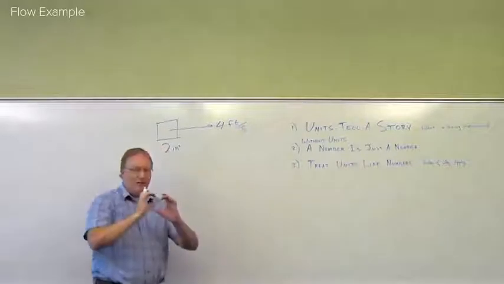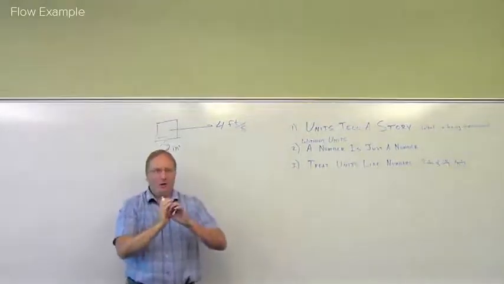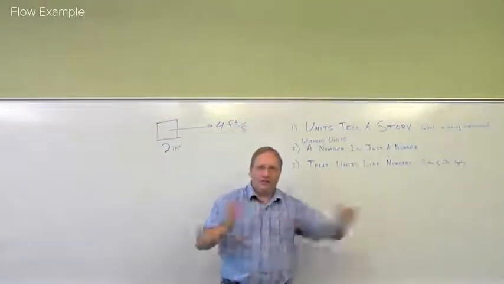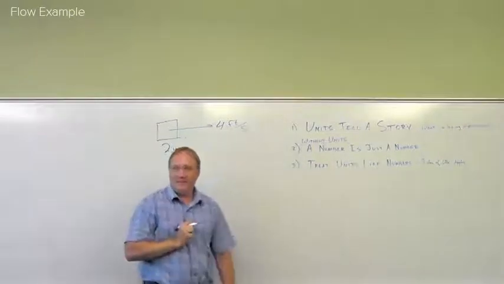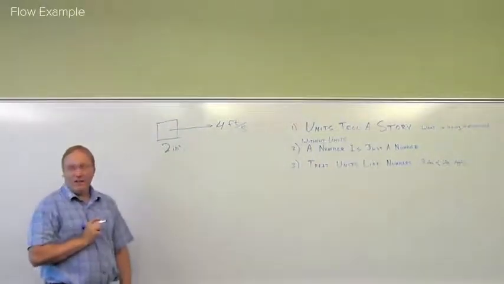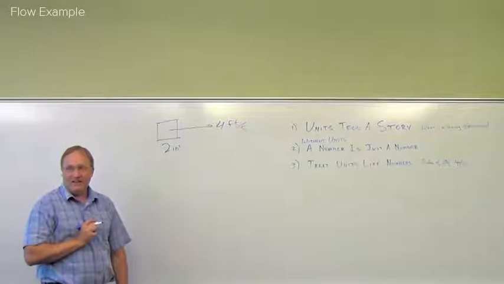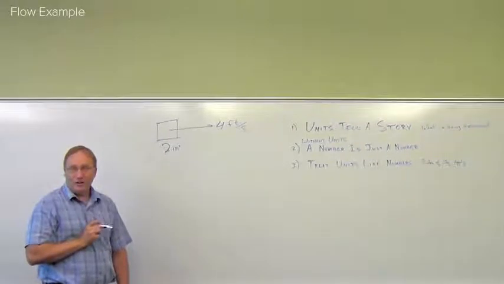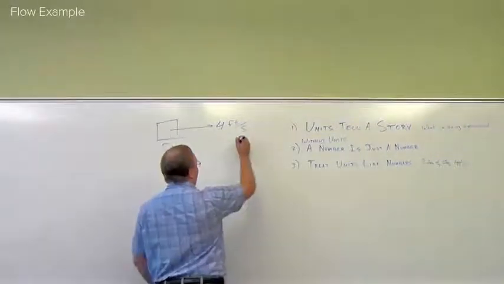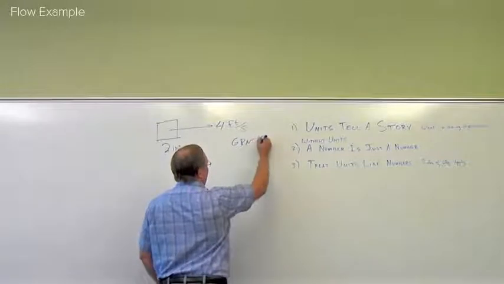So just imagine this little pipe with water coming out of it at 4 feet per second. And we want to know how many gallons per minute is that? Well, that's a lot harder than what we just did. So how many gallons per minute? Question mark.